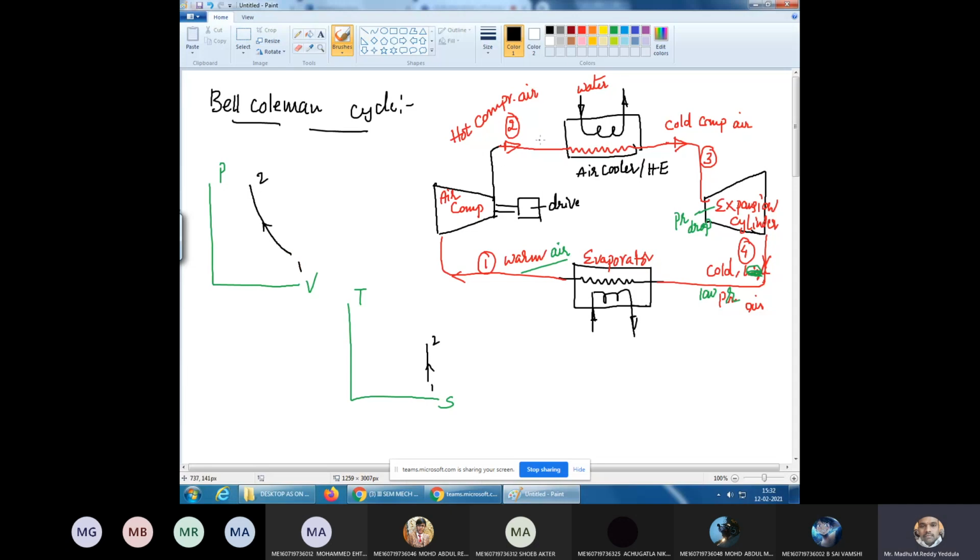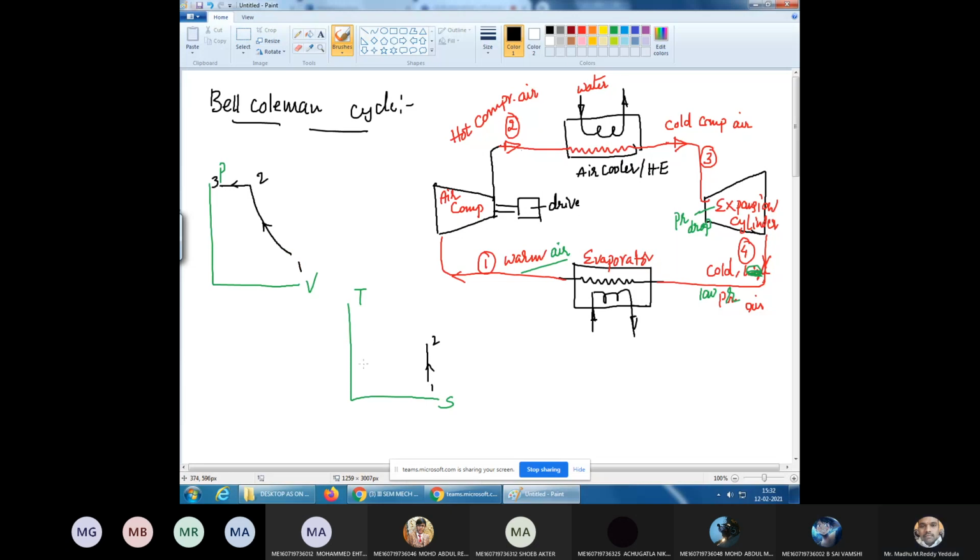Then 2 to 3 is a constant pressure heat rejection process.